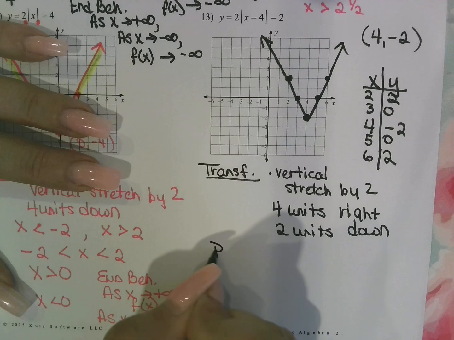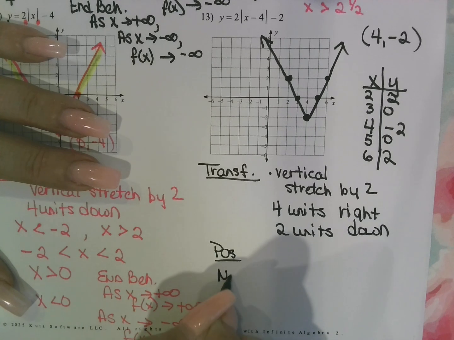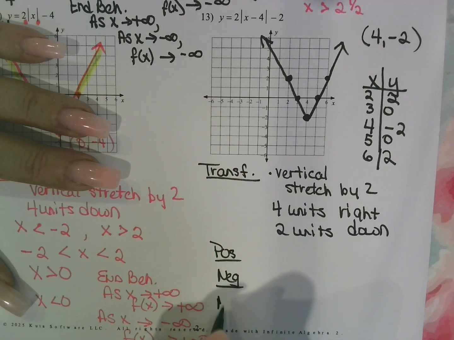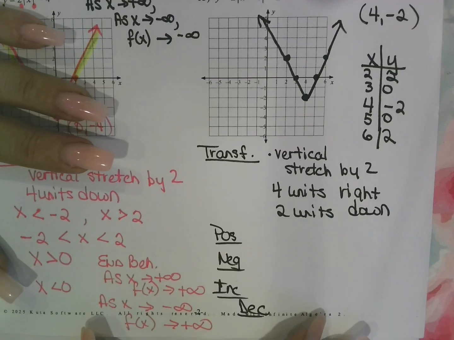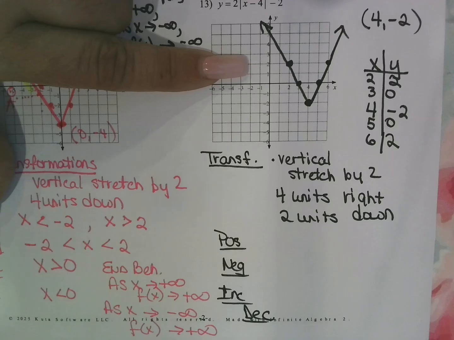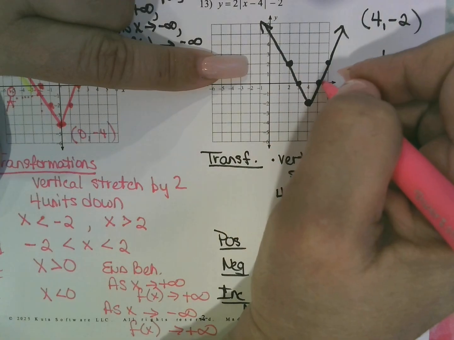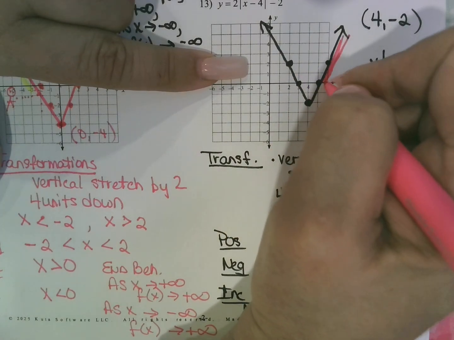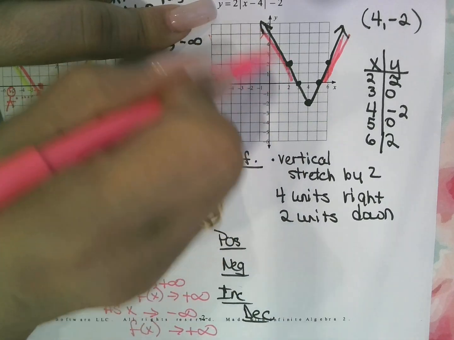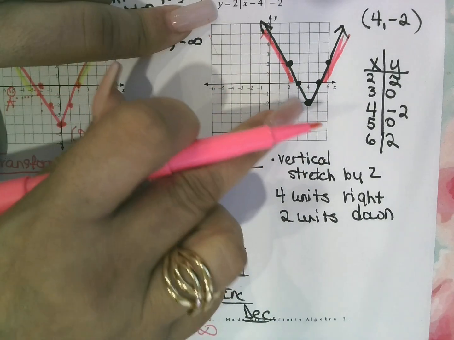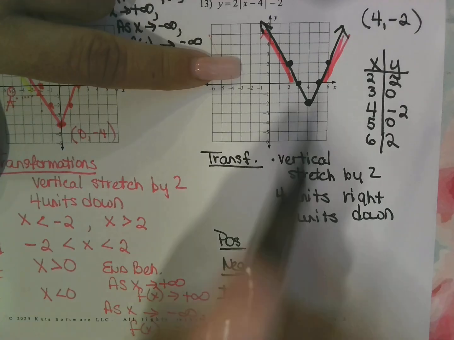Let's do positive, negative, increasing, and decreasing. All right, so this thing is positive here, and here. And we know what the x-intercepts are.